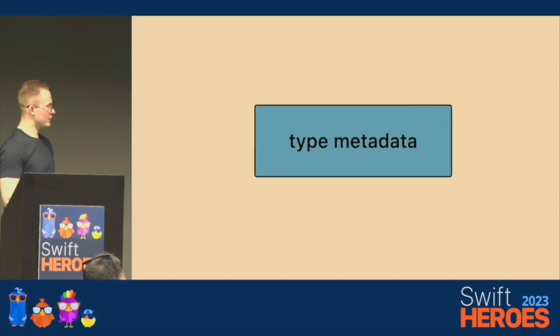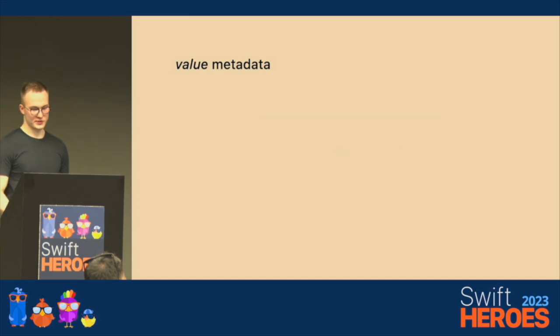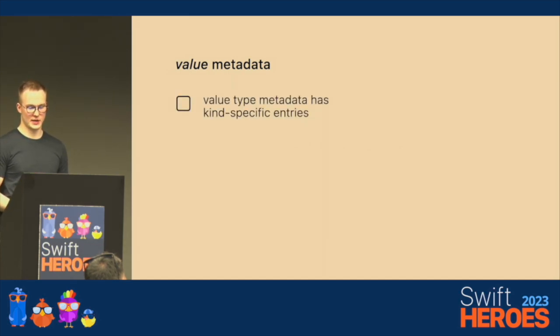So while data layout specifies the layouts of objects of a given type, type metadata holds the information about the types themselves. And we can speak about value types metadata. It has kind-specific entries, which means that it contains different information for every kind of type. And what are the kinds of types? Basically, we can distinguish a few: structs, tuples, enums which are not indirect, and all the values that are value types.